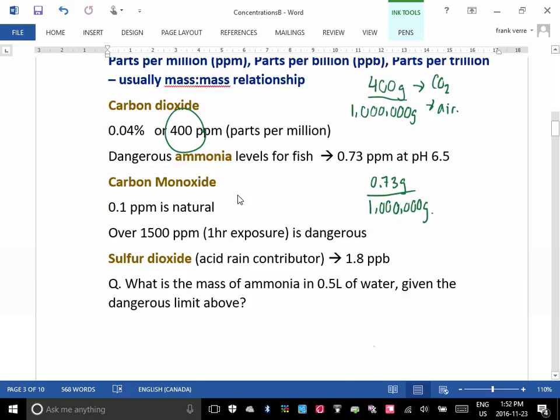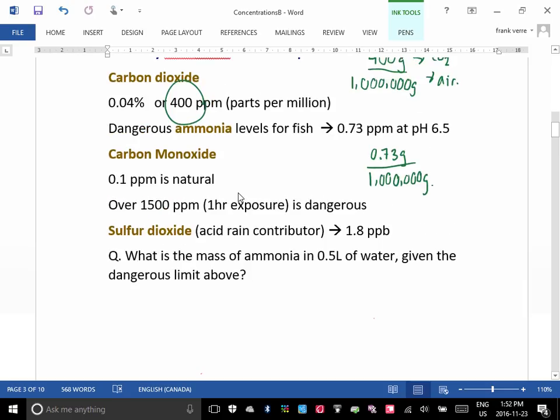So let's look at, given the dangerous limit, how much ammonia would there be, what's the mass of it, at that level, for half a liter of water. So the level is, as you saw, 0.73 grams for 1 million.